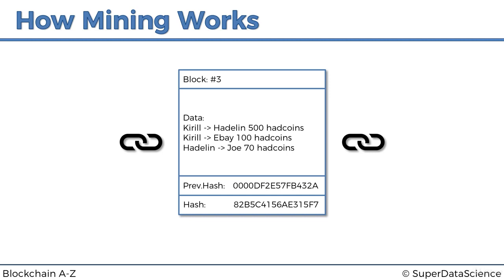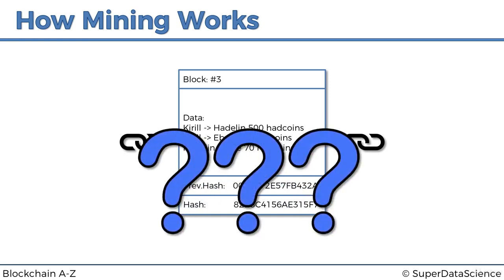And so here, this instantly asks for a question. If it's so simple to just take the block number, the data, and the previous hash, put it into a hashing algorithm, and get a hash out, which takes like half a second, then what's the whole fuss about mining?